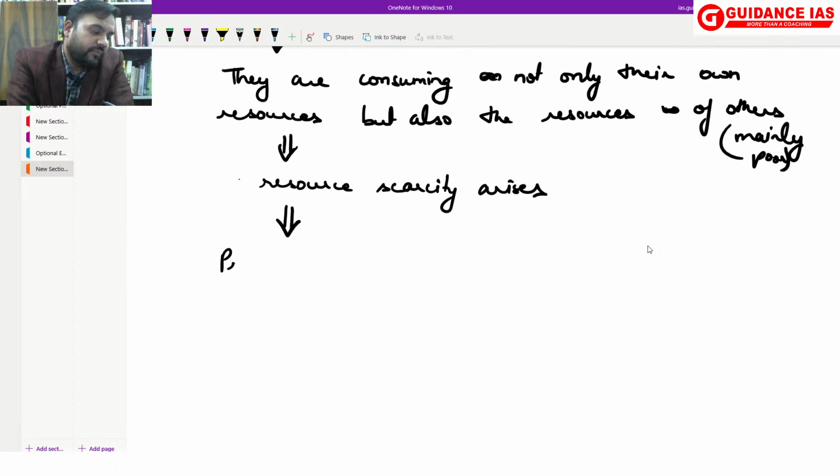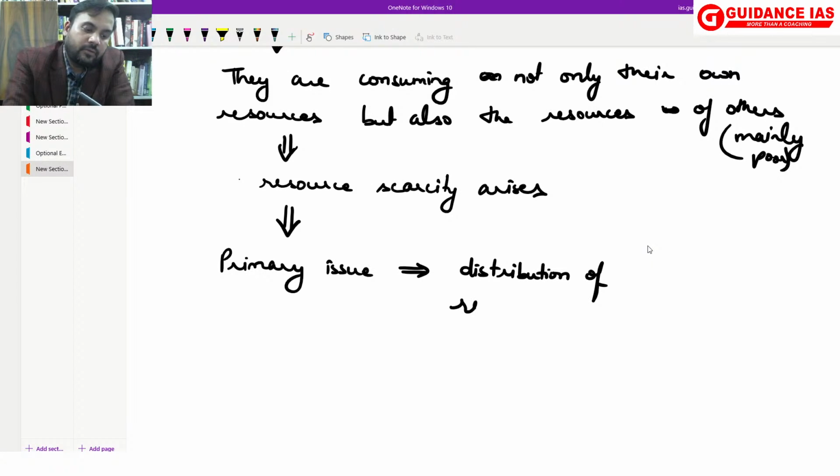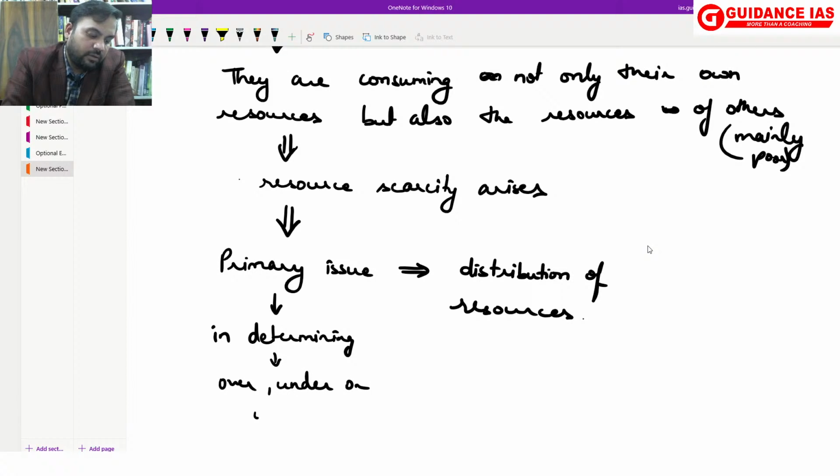The primary issue in determining whether it is over, under or optimum population is not the availability of resources, but it is the distribution of the resources. Okay?